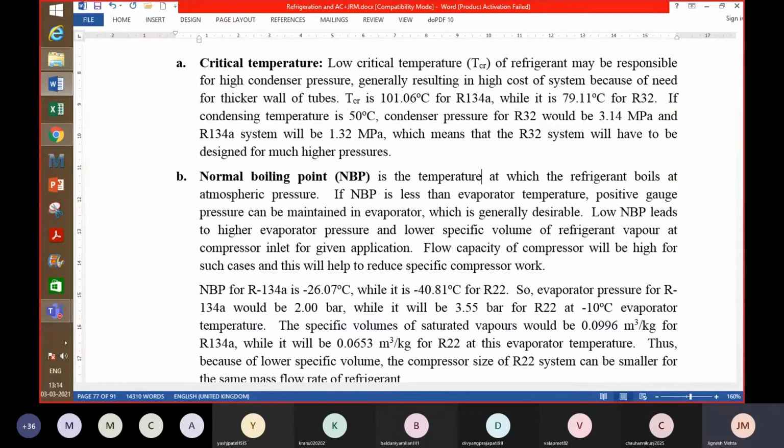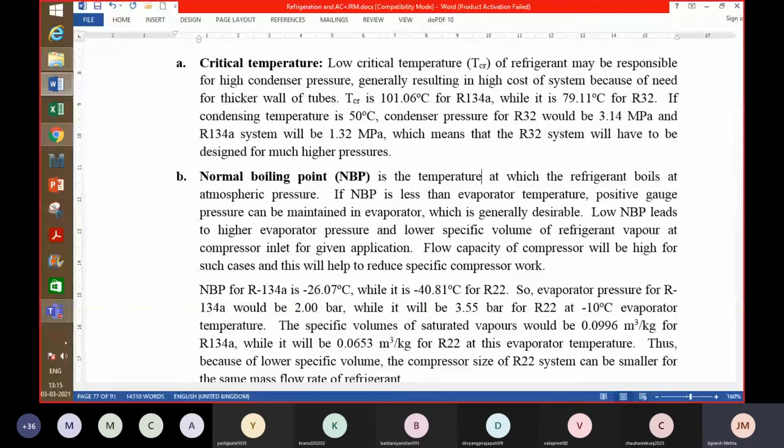And because of that, the flow capacity of the compressor will be high for such cases, and this will help to reduce specific compressor work. So you already know that the compressor work depends upon the specific volume. If specific volume is low, then the compressor work will be low. One example is quoted here.